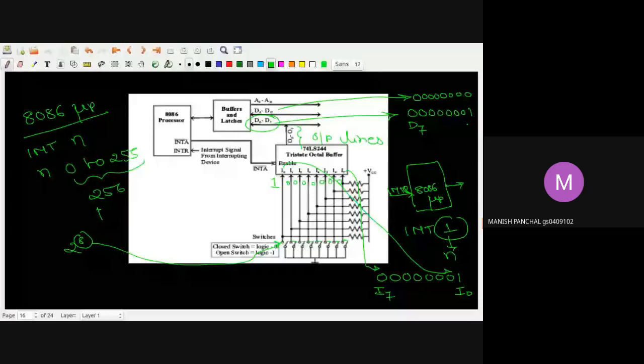Ultimately the IP combination I am getting is 0001. So if suppose my CS segment value is 000 and the IP value is 00001, the physical memory location I will get is 00001.